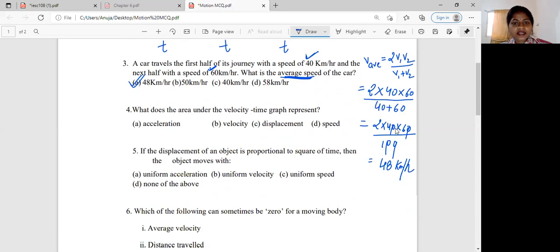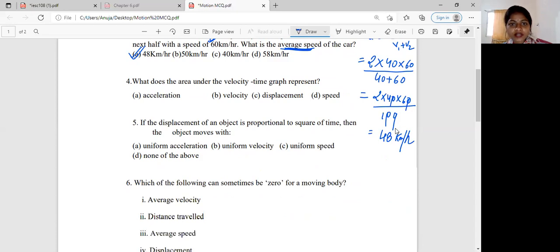Next, what does the area under the velocity time graph represent? They are asking, if we are drawing the velocity time graph, let's say this is the velocity time graph, and we take the area under this graph, for example from T1 to T2, then what does it represent?